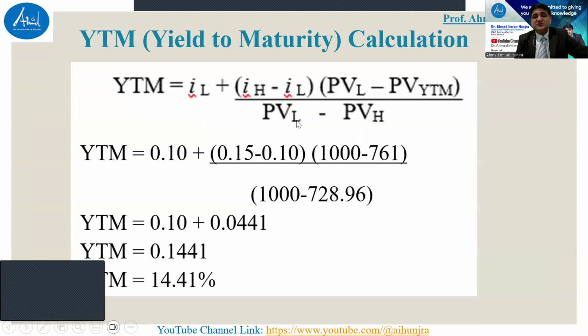At 10% it's 1000 and at 15% it's 728.96. After simplifying, we solve this part, then 0.10 plus 0.0411. So 14.41% is the yield to maturity for this example.